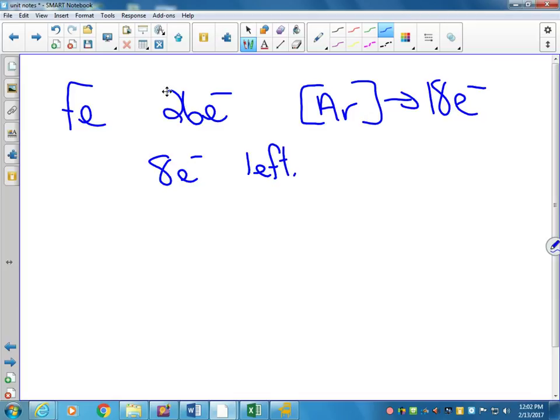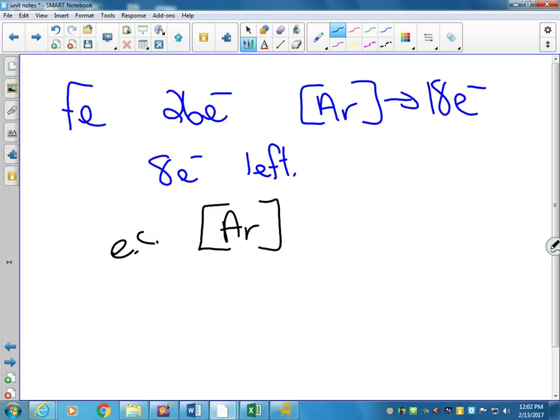Which one did you guys do first? Electron configuration or orbital notation? Okay, so the electron configuration, we start with argon. So I'm going to just write EC so we know that's the electron configuration. We've got argon. What comes after argon? Argon's the end of the third row.